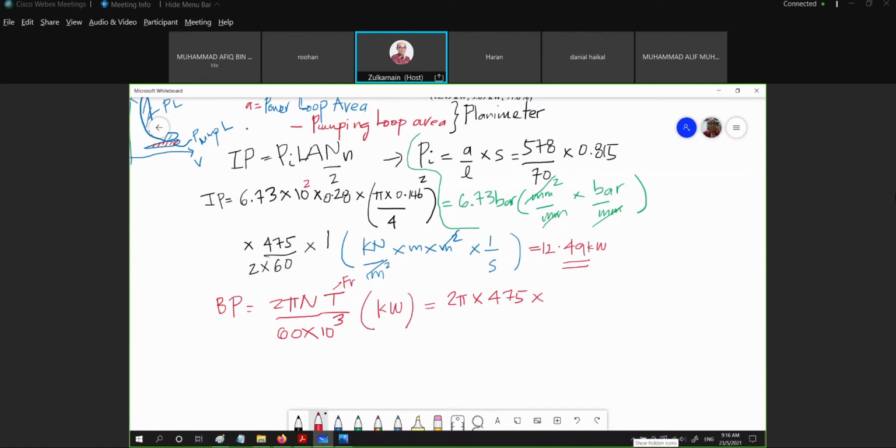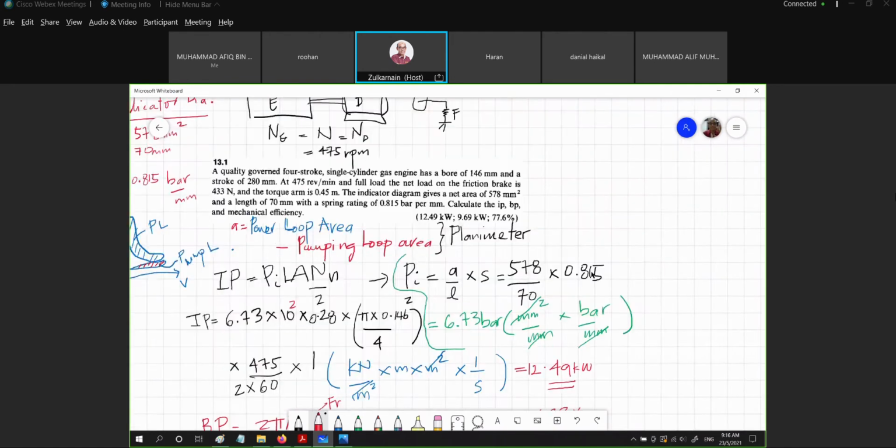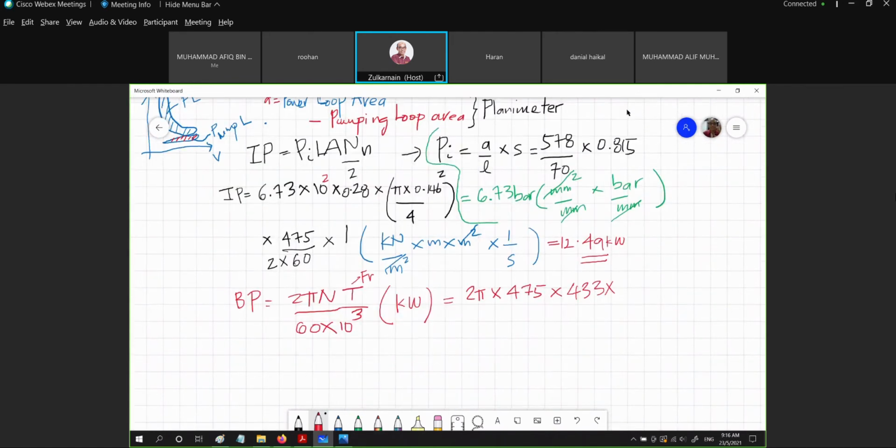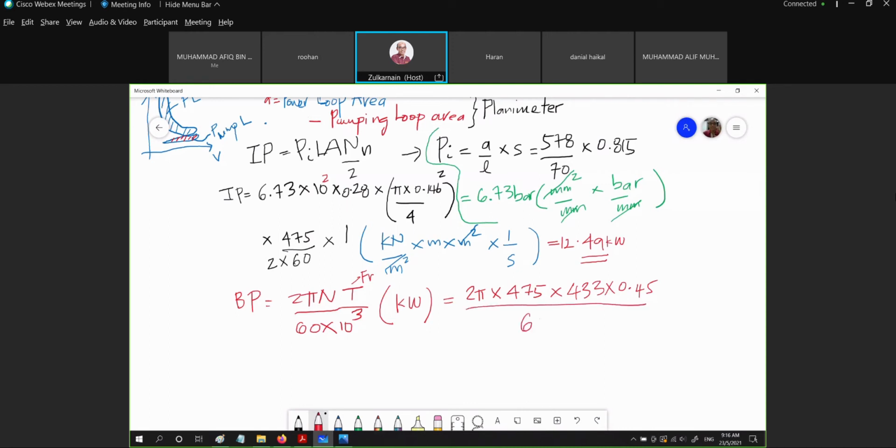433 multiplied by the R value, which is given as 0.45, divided by 60,000.